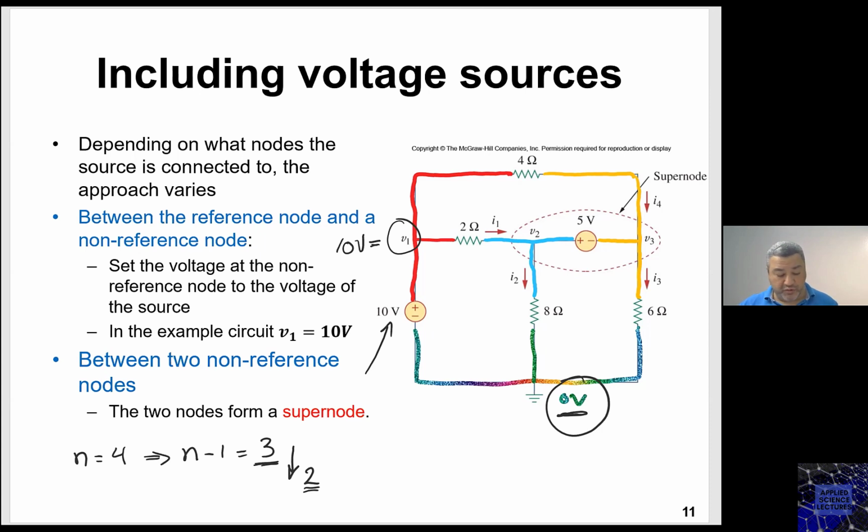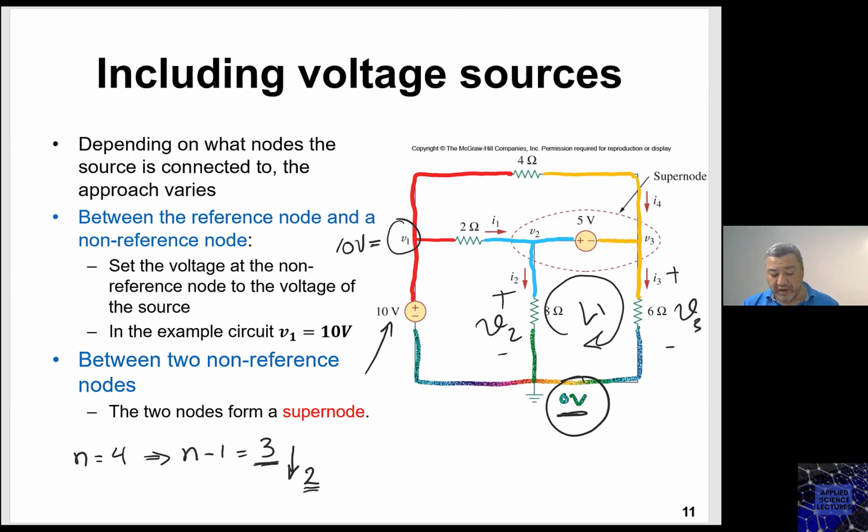If you want to understand this further based on how we defined the KVL, take a loop and write the KVL. Remember V2 is here. Remember V3 is here.